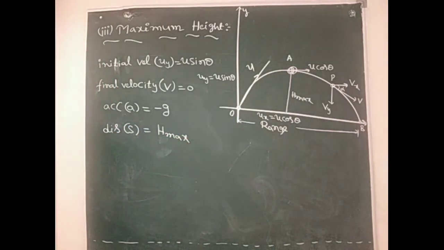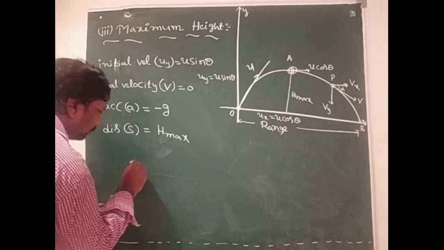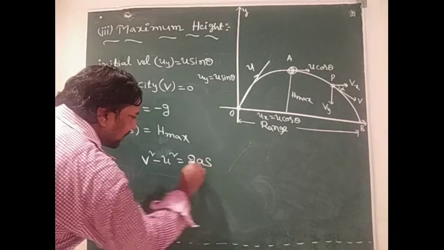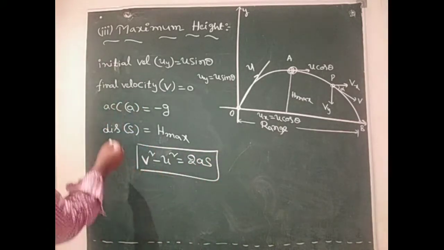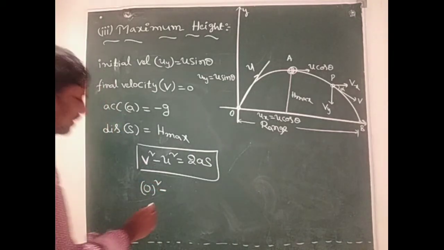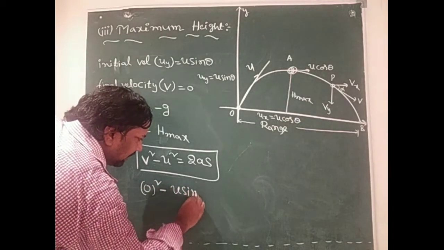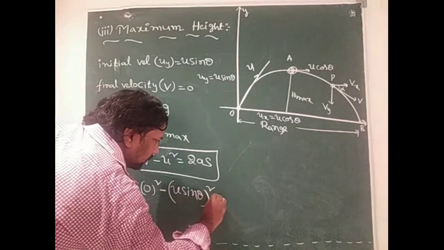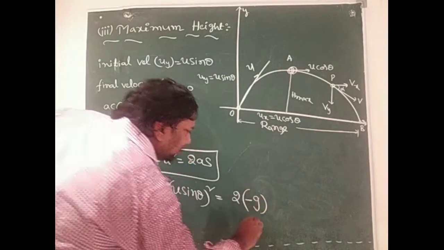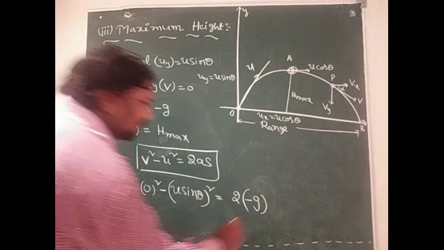So now using the formula v square minus u square equal to 2as. Here v means final velocity 0 square minus u means u sin theta whole square is equal to 2a. a means minus g. Here s means h maximum.